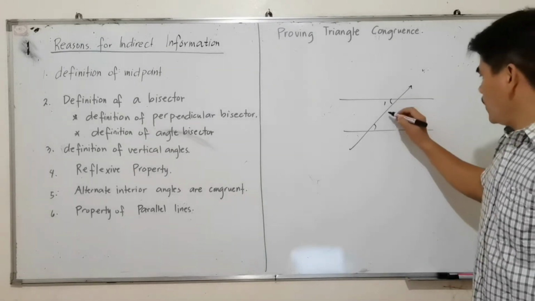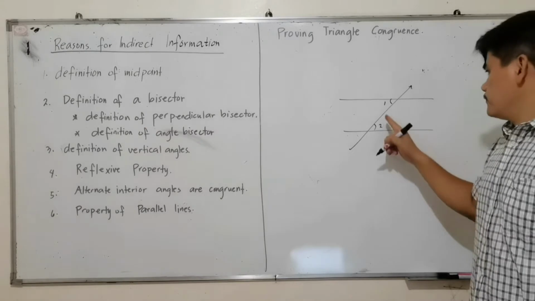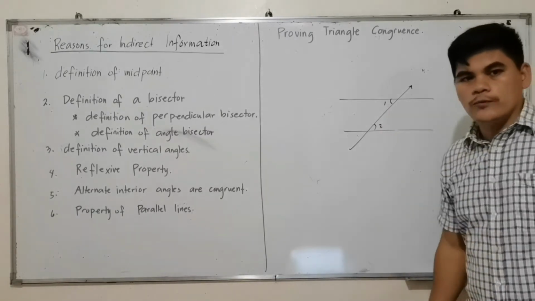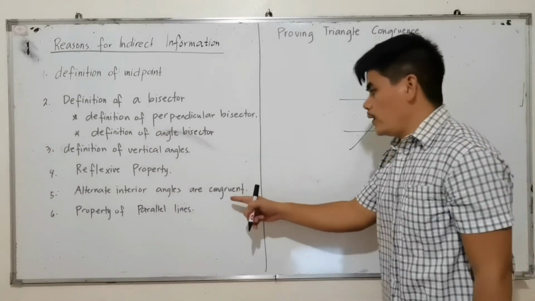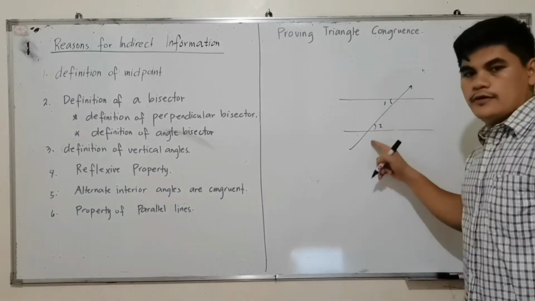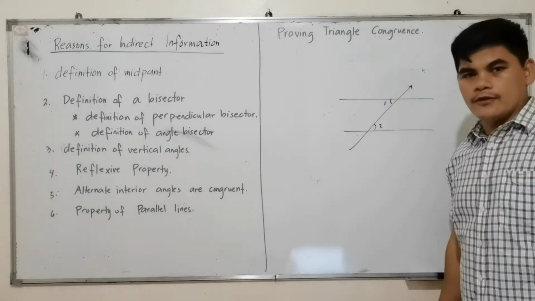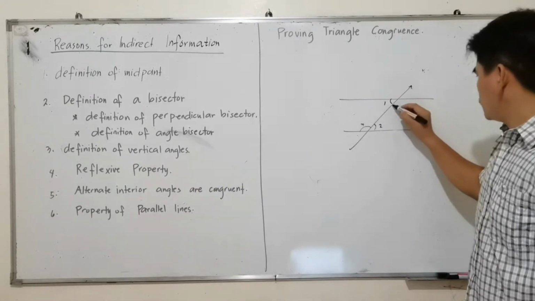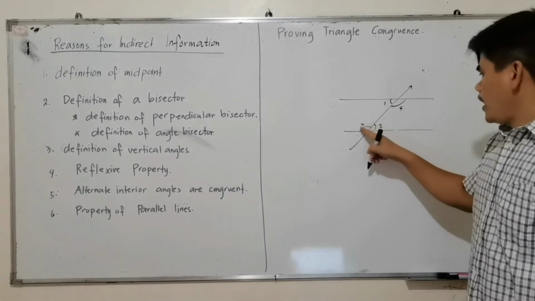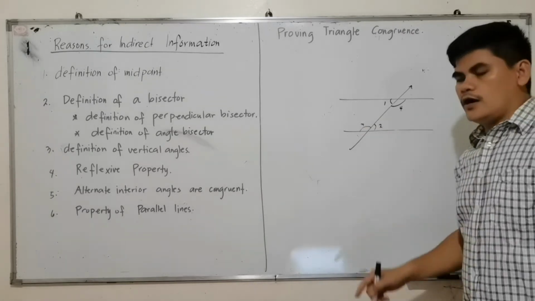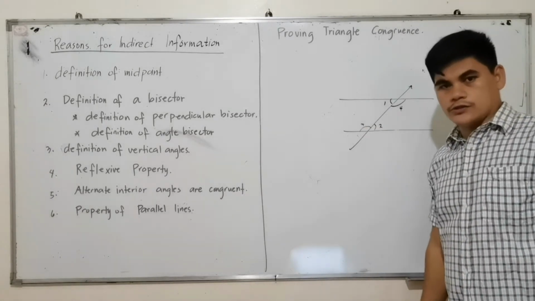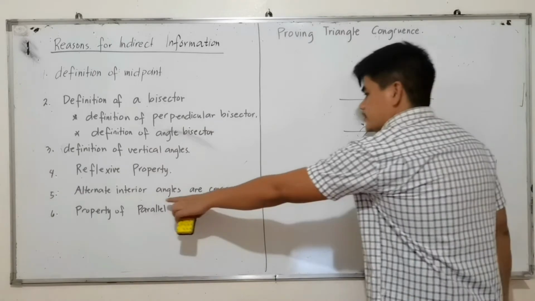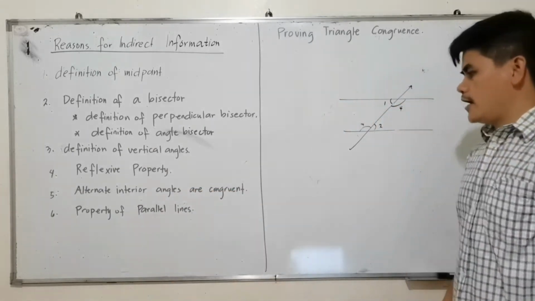If this is angle 1 and this one is angle 2, then angle 1 and angle 2 are congruent because they are alternate interior angles. If I assign this as angle 3 and this one angle 4, then angle 3 and angle 4 are congruent because they are alternate interior angles.